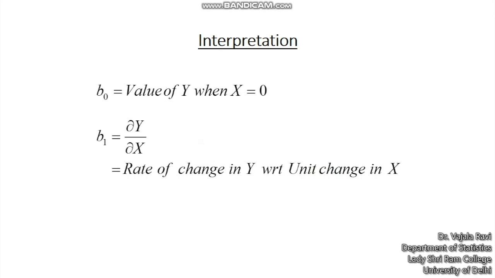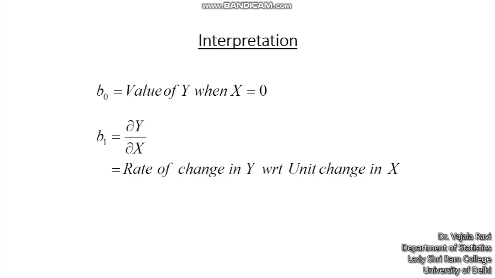So if we look at the equation, y is equal to beta naught plus beta 1 x, if I simply put x is equal to 0, the value of y becomes your beta naught. Then b1 is nothing but the marginal change in y with respect to change in x, or I would say the rate of change in y with respect to unit change in x.